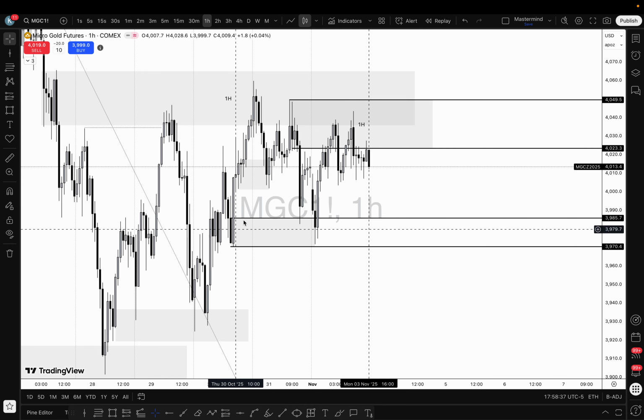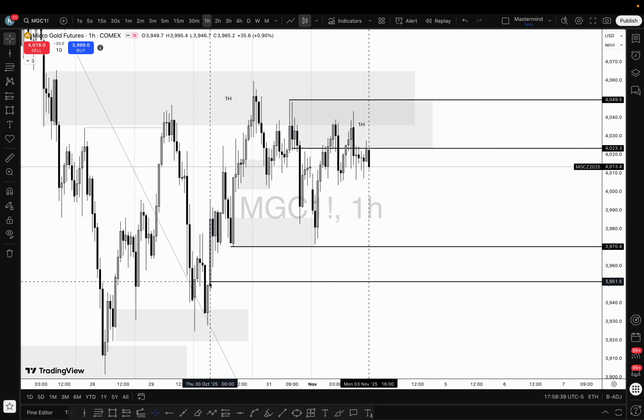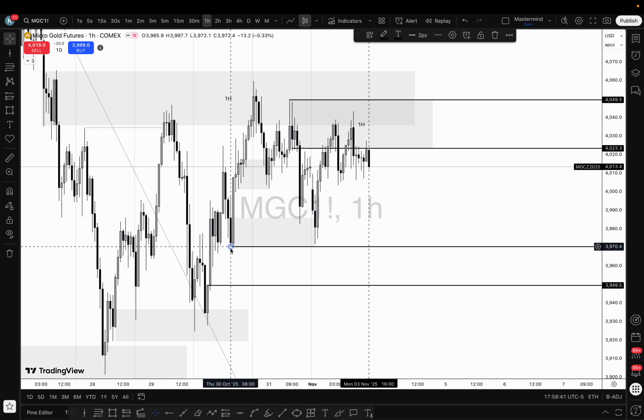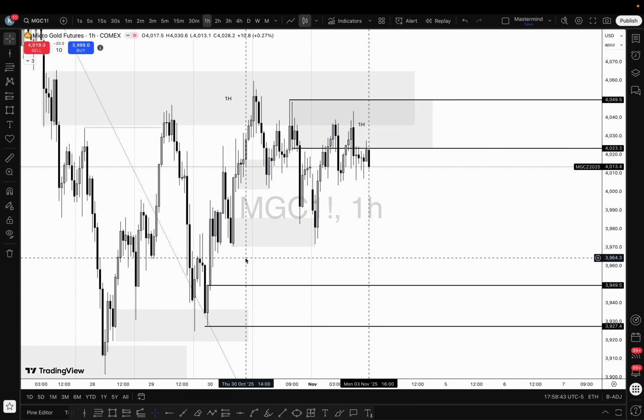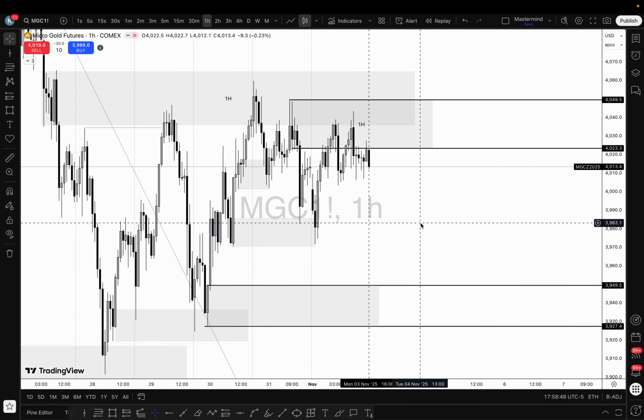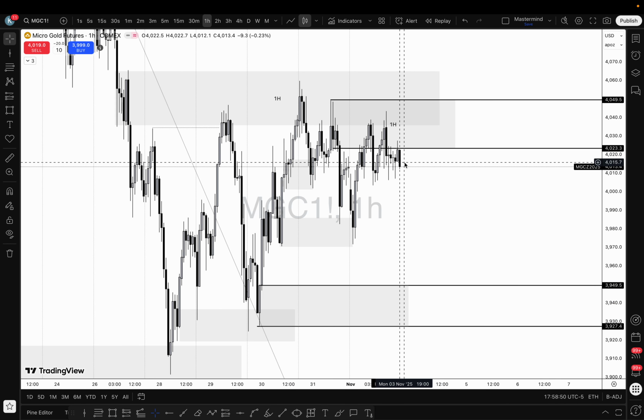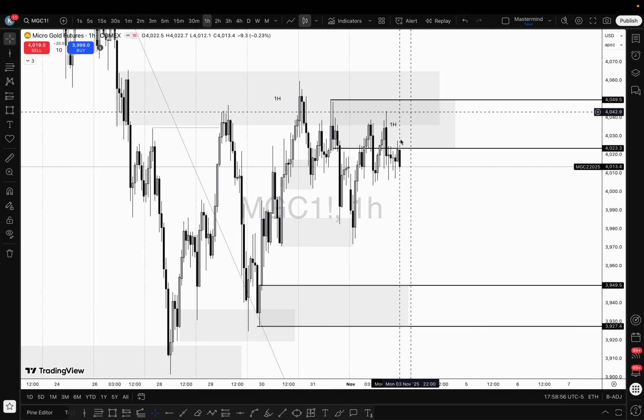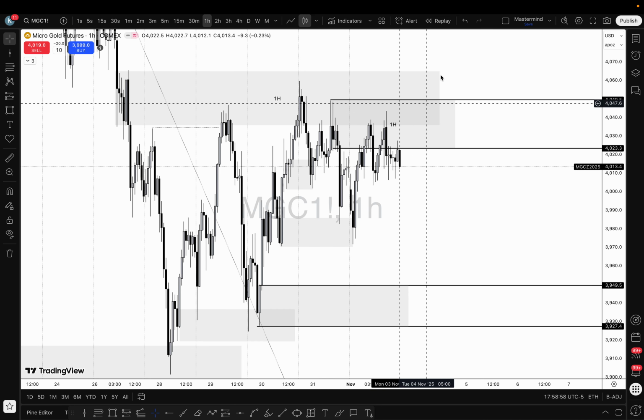Now this one is used up, so we'll use this one right here. So we'll say this is 1 hour demand, right? So the market could either, we're looking for shorts until we get to this level, or until we break above this one, right?